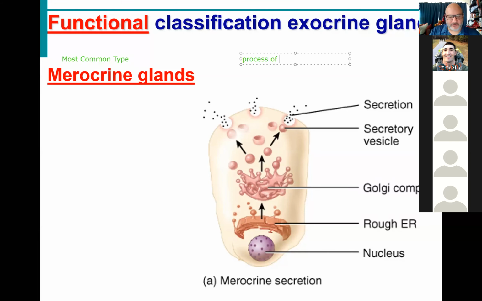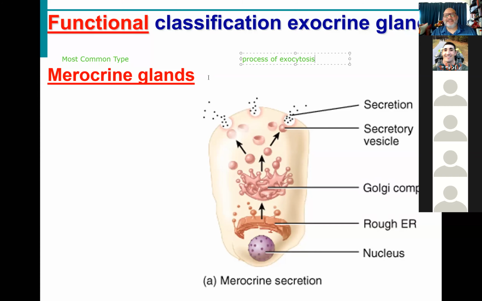There it is, exocytosis. Excellent. That's what Merocrine glands do. Glands that use the Merocrine mode of secretion use the process of exocytosis. They produce the substance, bundle it in a vesicle, bring it to the plasma membrane, and release its contents.